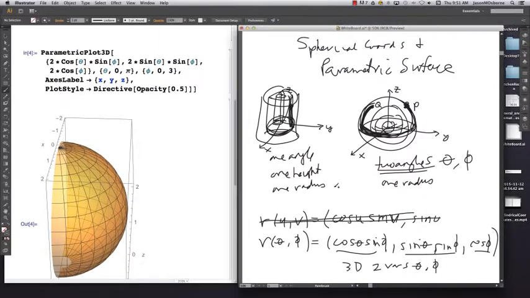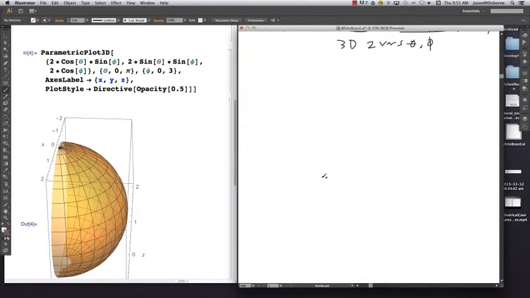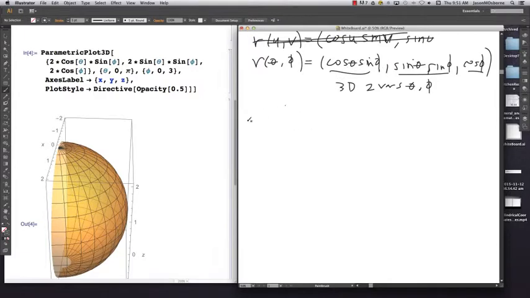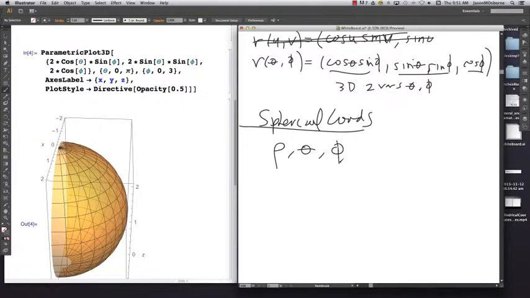Okay? So this is going to be our route into spherical coordinates. Spherical coordinates are going to be the variables rho, theta, and phi.